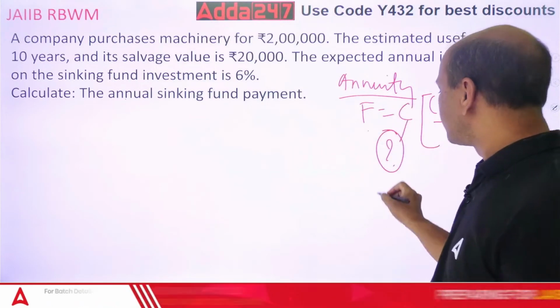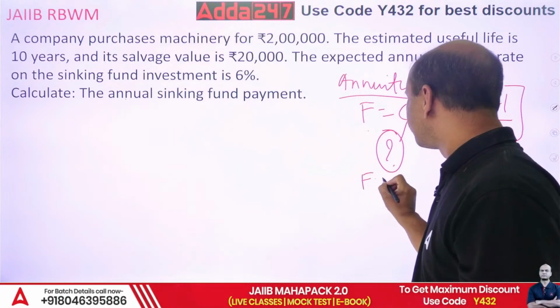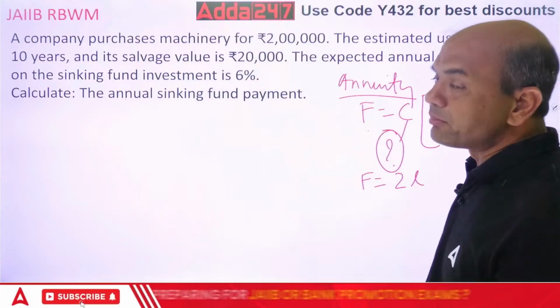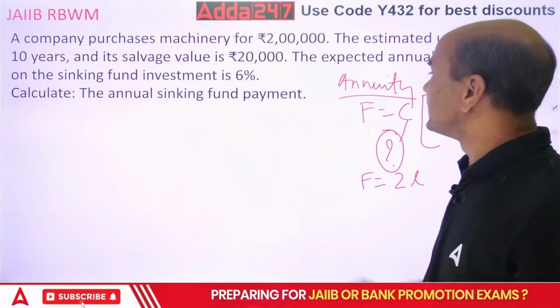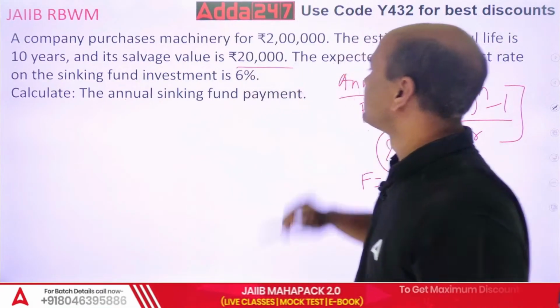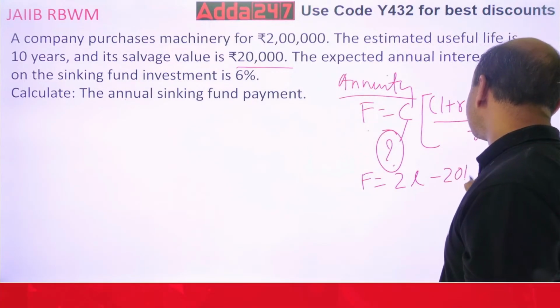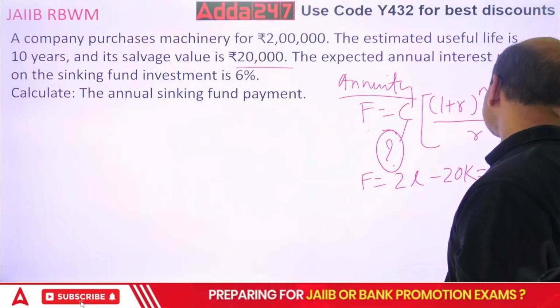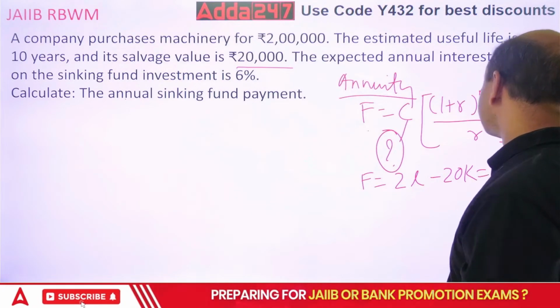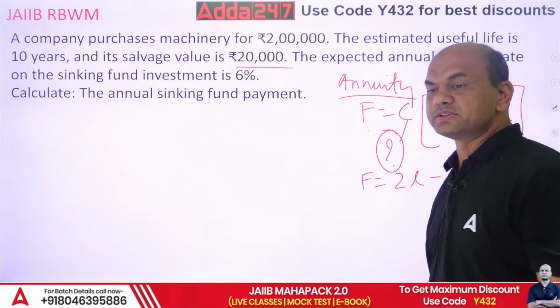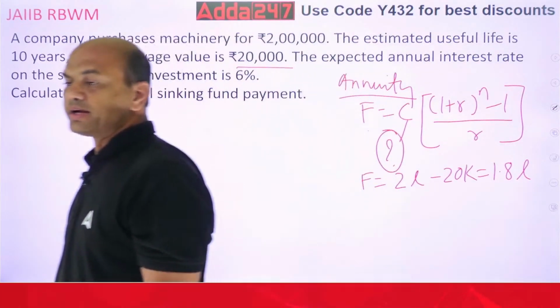F equals, kindly note, 2 lakh minus 20,000. See, salvage value is to be subtracted. 2 lakh minus 20k, so it is 1.8 lakhs. So that is your F. Future value is 1.8 lakhs.